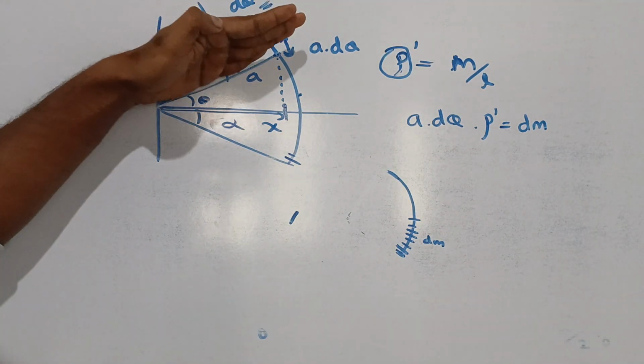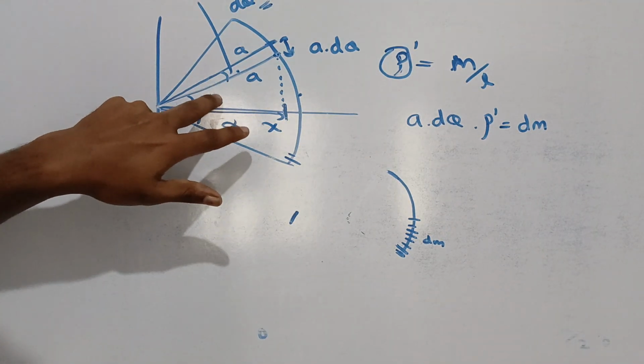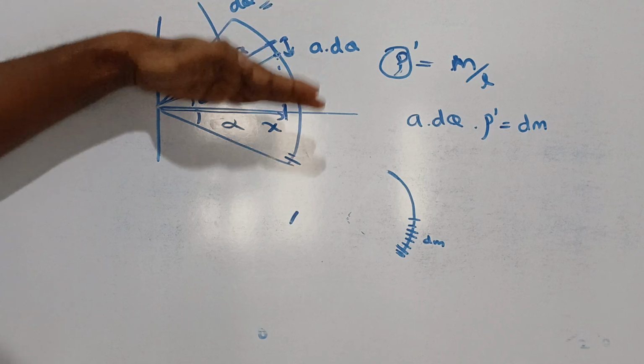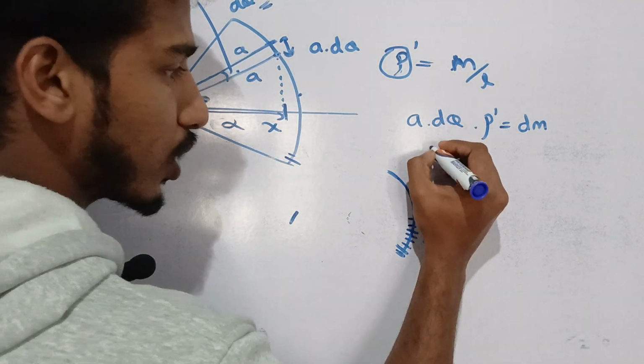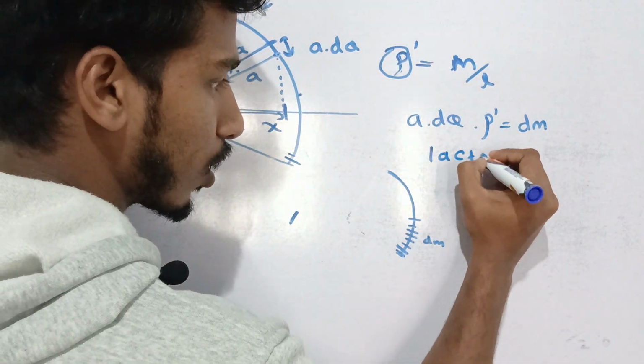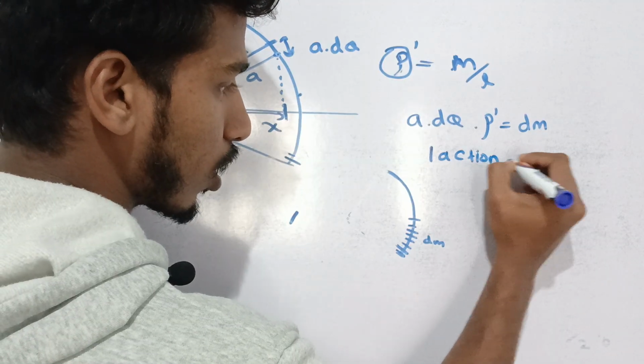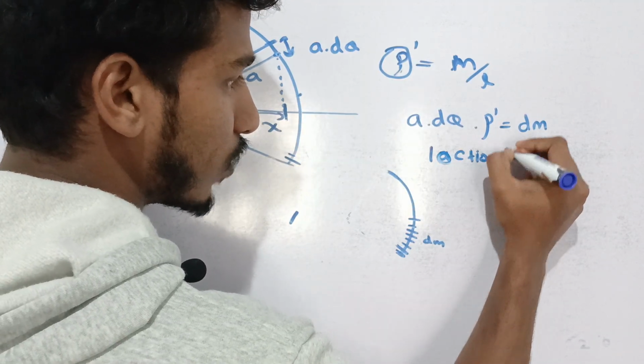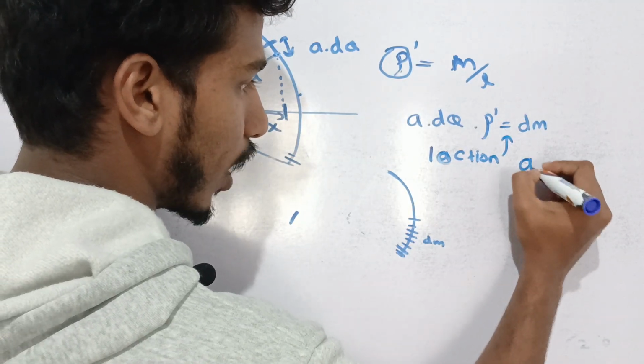This entire thing is a, and the angle is theta, so the location of the center of gravity of this piece is at a distance of a cos theta.